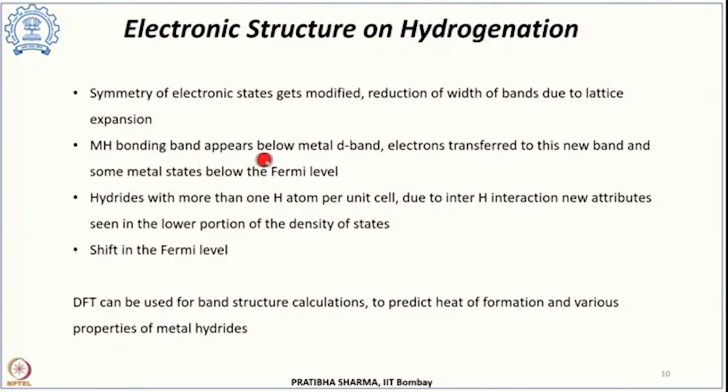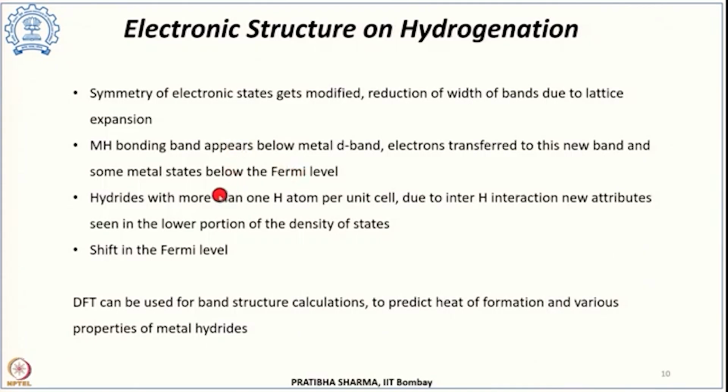However, the electronic structure also changes on hydrogenation. The symmetry of the electronic states gets modified and the bandwidth also reduces due to the lattice expansion. A metal hydride bonding band appears below the metal d band, and electrons are transferred to this new band being formed, and some of the metal states are also formed below the Fermi level.